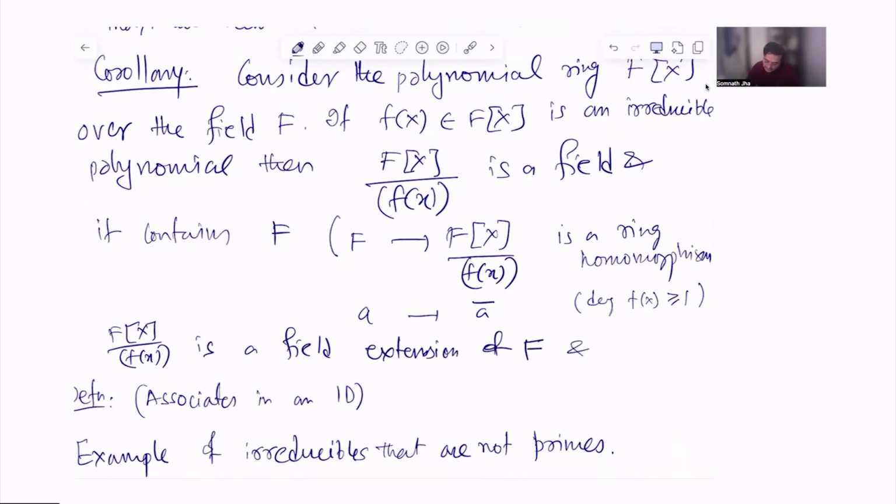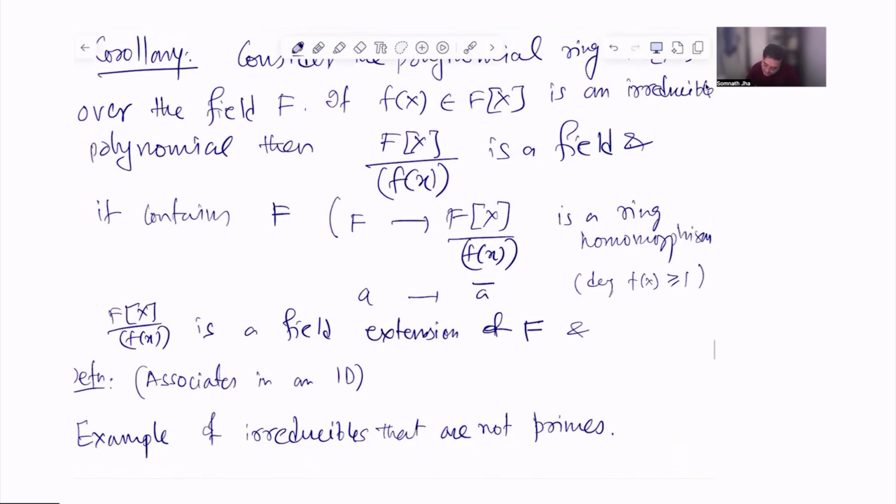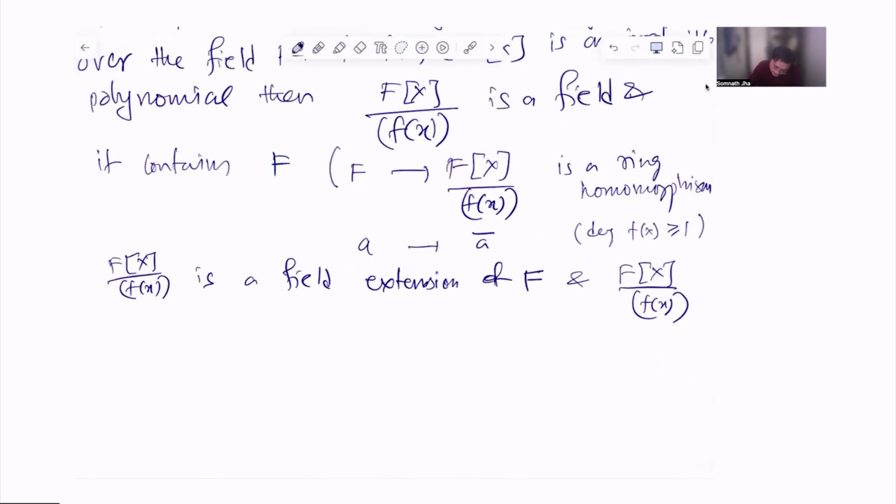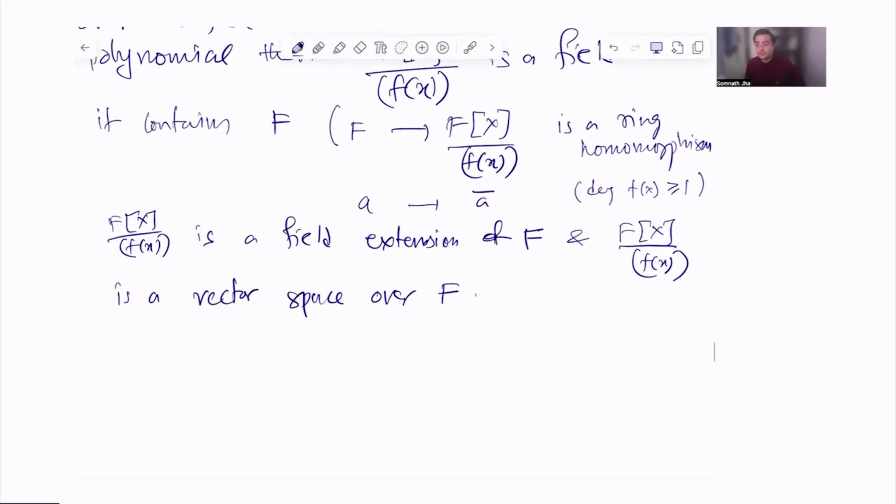And for any irreducible polynomial f(x), F[x] mod f(x) is a vector space over F. Now, what is the dimension of this vector space?